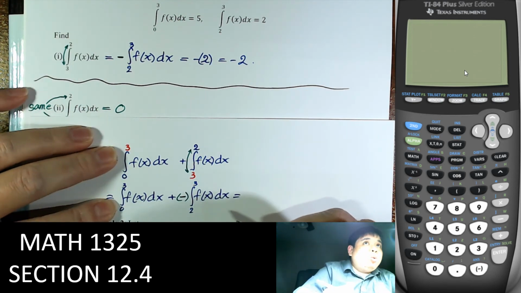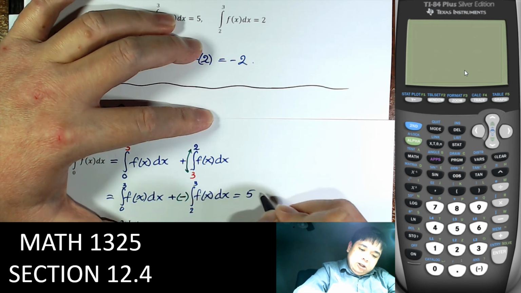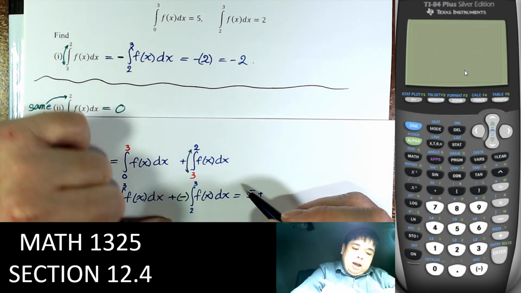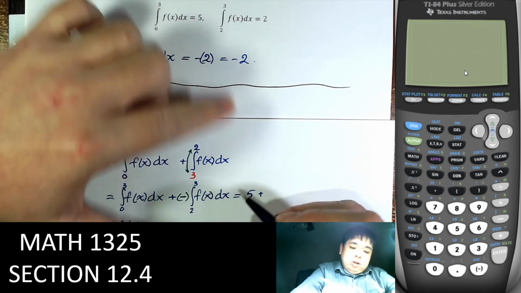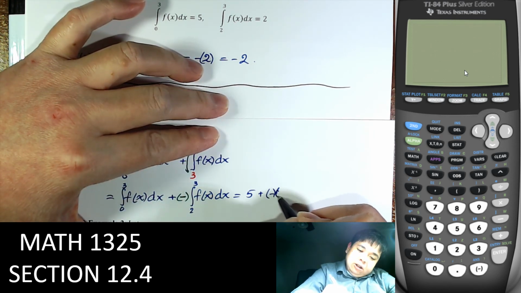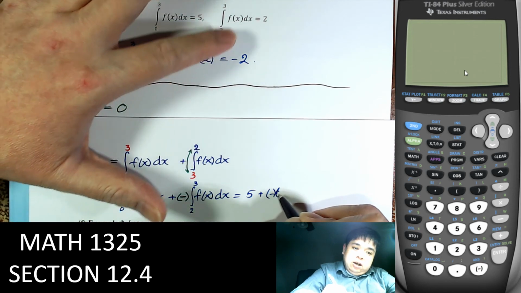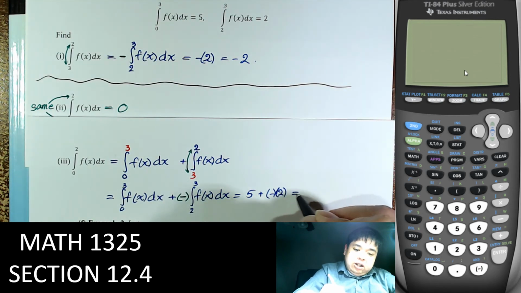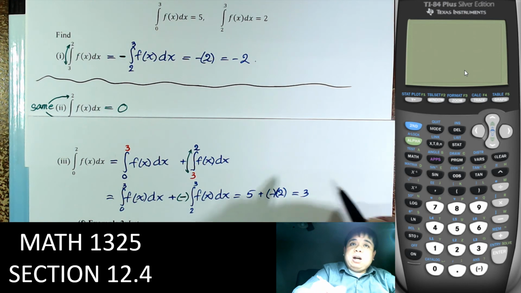So from 0 to 3 the integral is 5. And from 2 to 3 the integral is 2, but there's a negative 2. So that gives us 3. 5 minus 2 is 3.